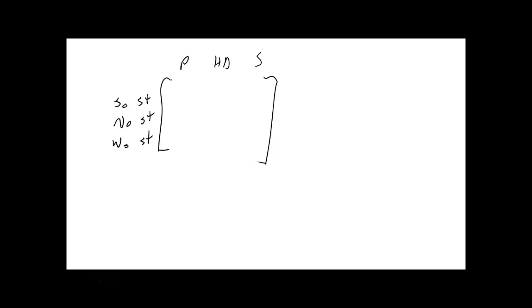Now, each of these also has a selling price. In the selling price, the first row represents the selling price for peanuts, the second for hot dogs, and the third for your sodas.